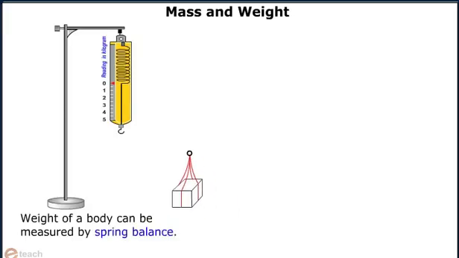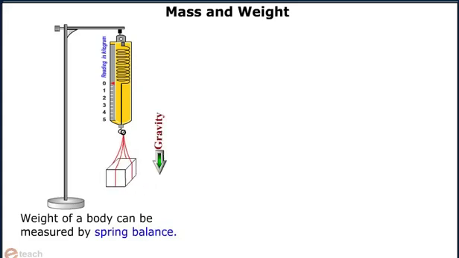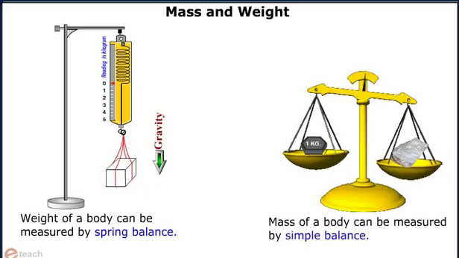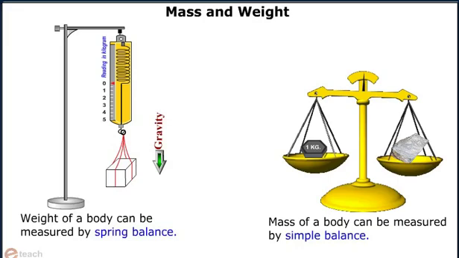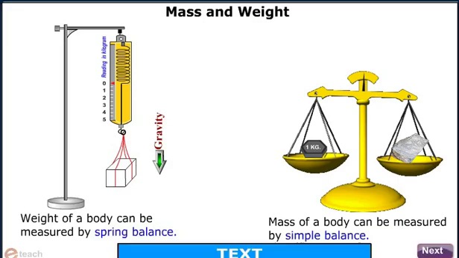Weight of a body can be measured by a spring balance, whereas mass of a body can be measured by a simple balance.